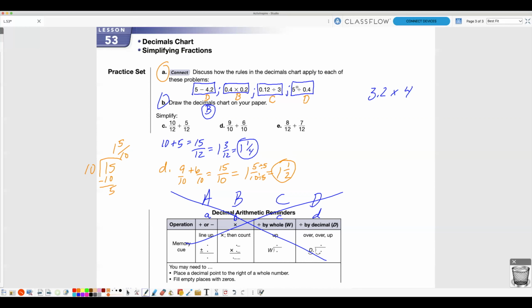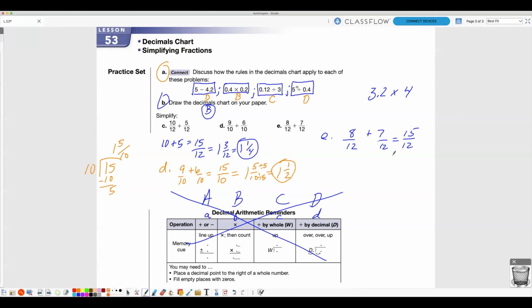And then letter E, 8/12 plus 7/12. So for letter E, I'm just going to have 8 plus 7 in the numerators, and the 12 just remains the same. So I need to have 12 in the denominator. This will be 15/12.